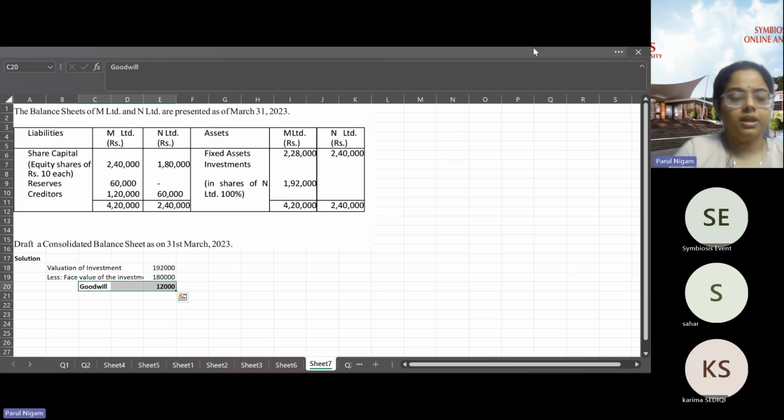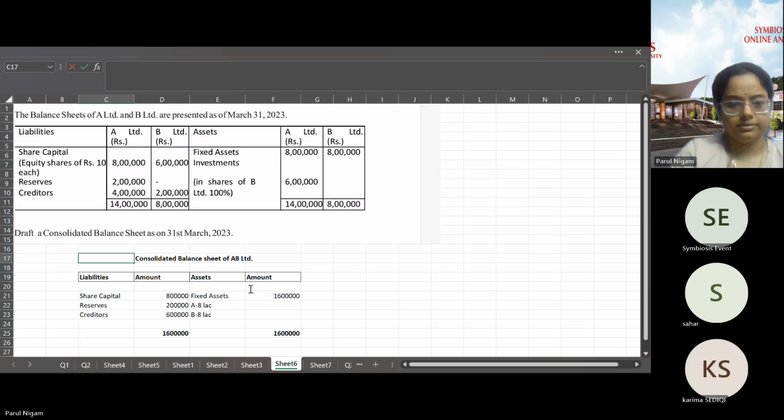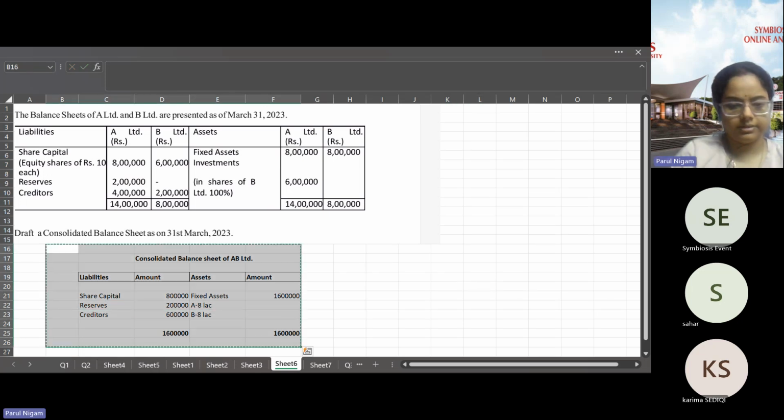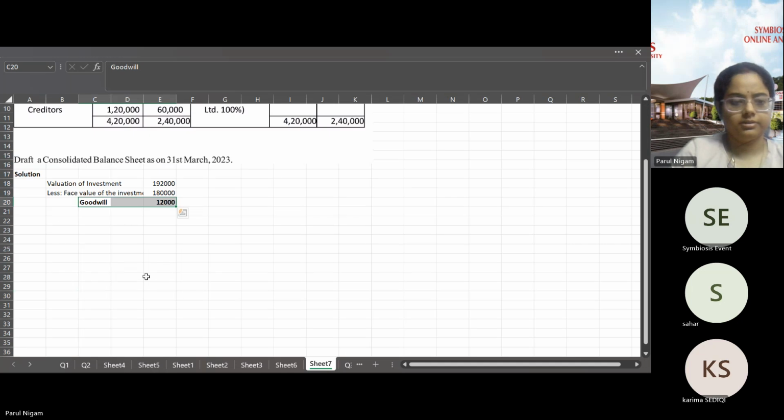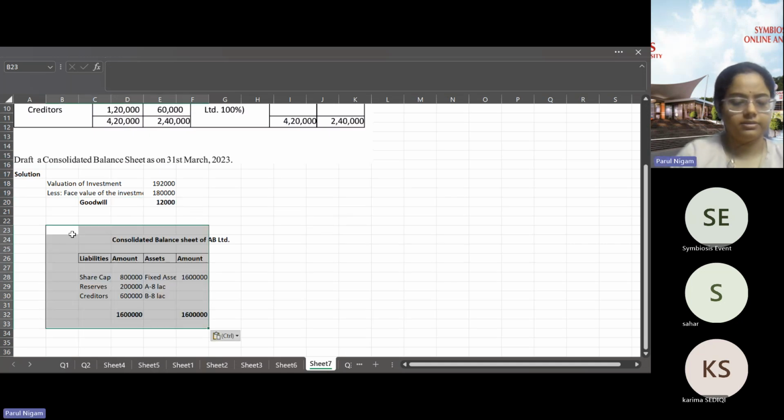Okay. Now let's see how to prepare a consolidated balance sheet. Let's make a balance sheet. Let's copy the format. Consolidated balance sheet. We will copy it.